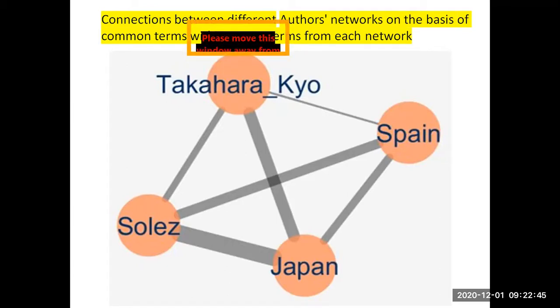You can see the very thin edge between Takahara Kyo and Spain groups, but between other groups, the edges are quite thick, meaning that there is very good similarity between their works. So the Solis group, the Japan group, and the Spain group: one side of this geometrical figure is rather thin, but the rest of the edges are quite strong.